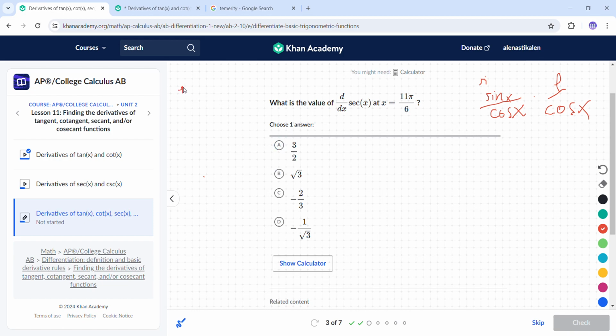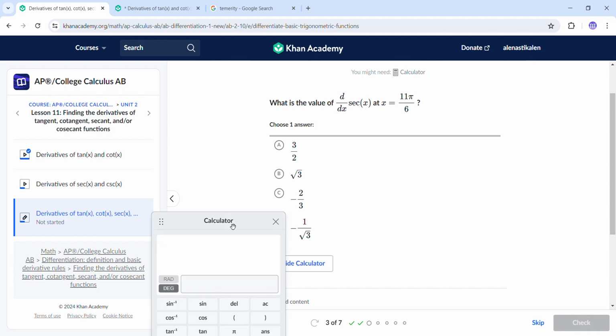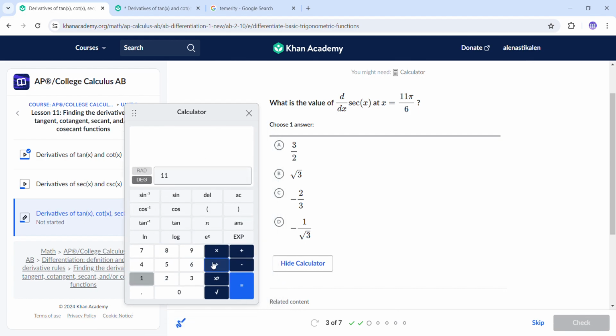So first of all, 11 pi over 6, what is it? What is it, 30? 11 multiplied by 180 over 6. 330.